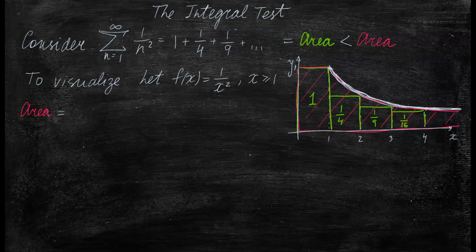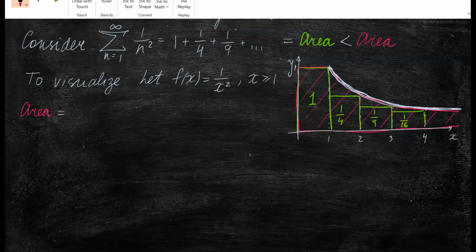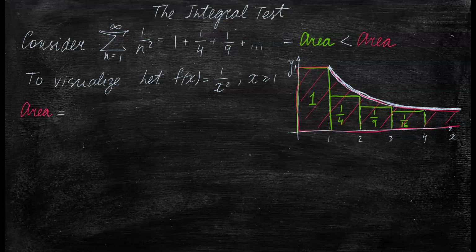It's made of the part that's to the left of the domain of the function, so this part, which is equal to 1, plus this part, which is actually the area under the function.